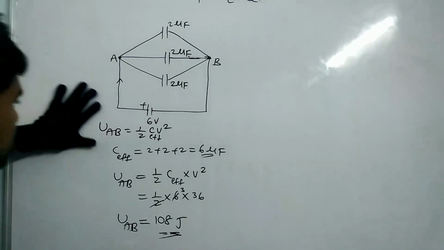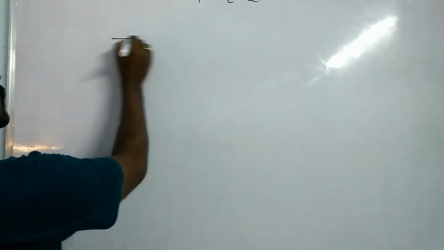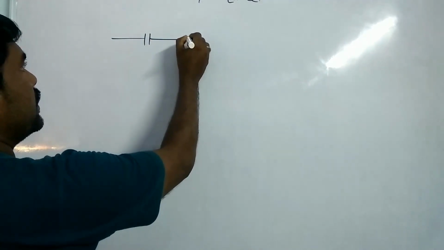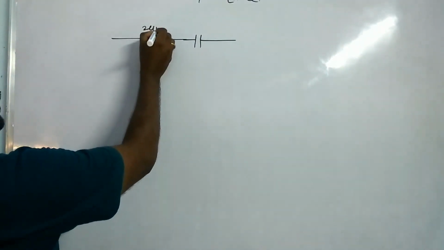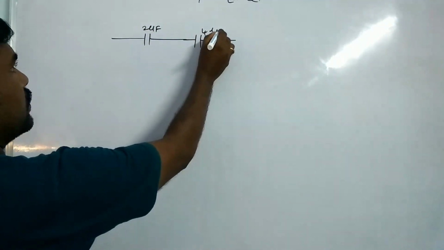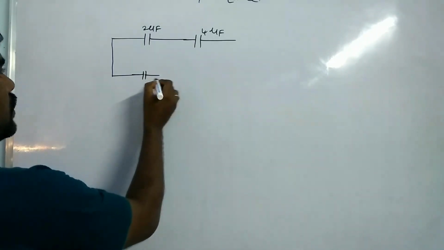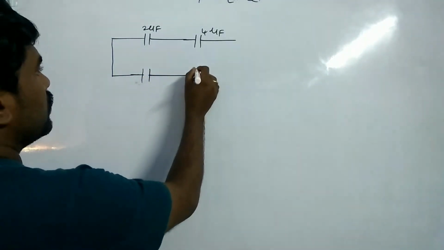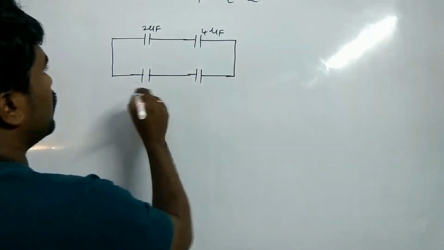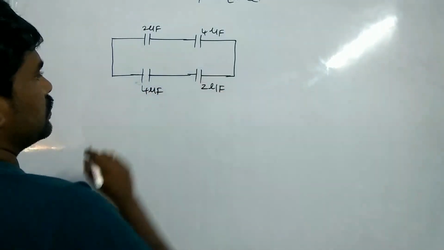And see one more example. This is a capacitor, and this is a capacitor. This is 2 microfarad and 4 microfarad. One more capacitor, another capacitor having 4 microfarad and 2 microfarad, right?